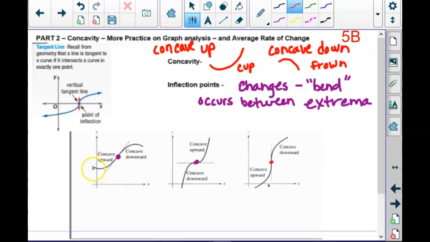So on this picture, it's pretty clear to me that this is up and then this is down. This one is a little bit trickier, but this piece is down if you continued, and then this piece is up. Now that's not going to hold much water, right? But still bending that way. This one is up, this one is down. What would this one be? Up and then down, right?